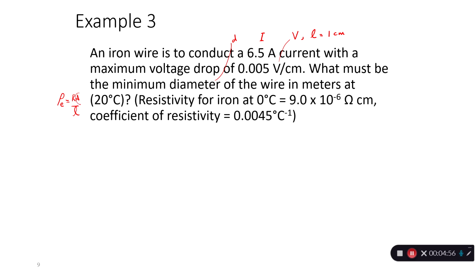We must find this resistivity at 20 degrees, and then we can calculate the diameter. You can write down the information that you have again. We have current equals 6.5. Voltage is 0.005 when length is 1 centimeter.